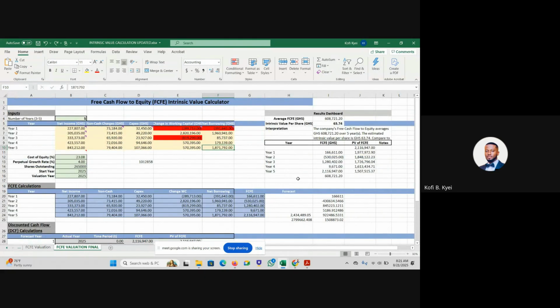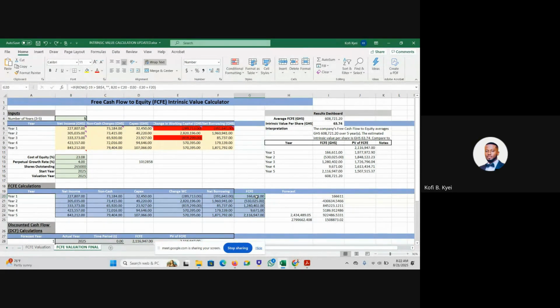Yes. Okay. Now, moving on, as I explained to you, we have to come out with a free cash flow for each period. All your inputs are there for you: net income, non-cash charges, capex, change in working capital, and net borrowing. They are all inputted for you. Now you have to find the free cash flow for each period.